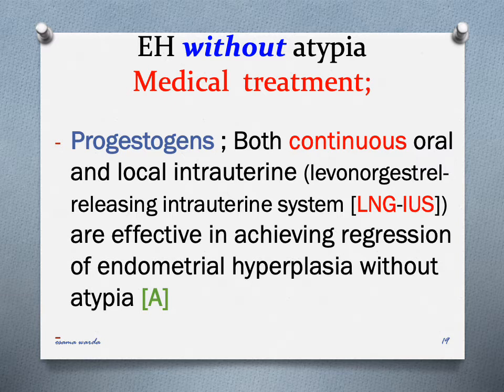There is no role for interrupted regimens in modern gynecologic practice. And the local intrauterine levonorgestrel releasing intrauterine system, for example, Mirena, is superior in the management than the oral gestogens.